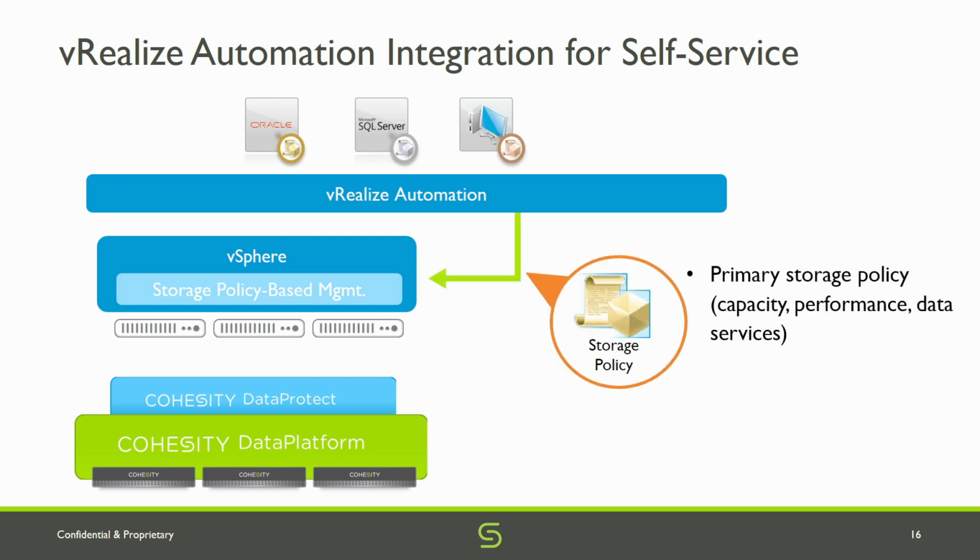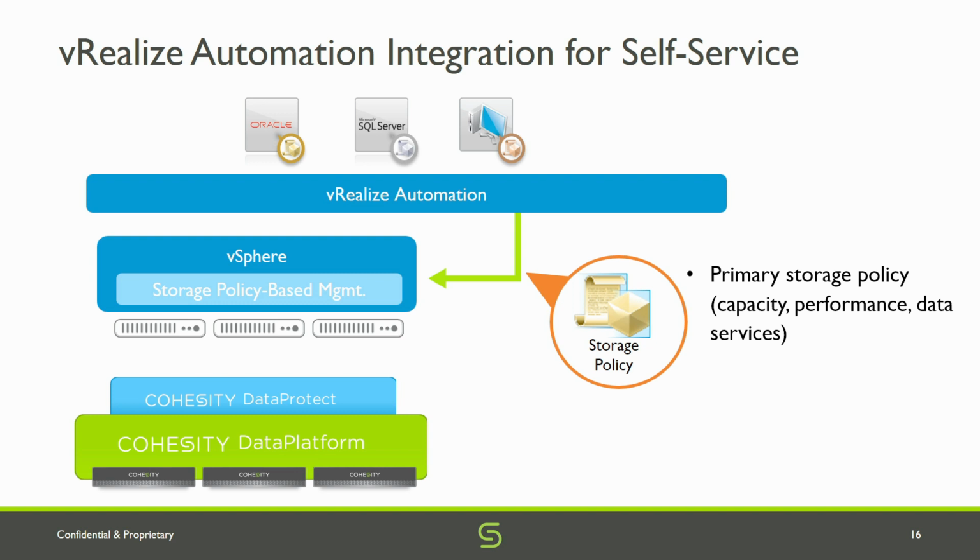This is a bit more detailed on the VRA integration. If you're using VRA, you're used to providing self-service capability for your application developers or application teams. When you deploy an app, you've been able to assign a storage policy via vVols or vSAN and storage policy-based management, but those storage policies up to now were only applicable to primary storage.